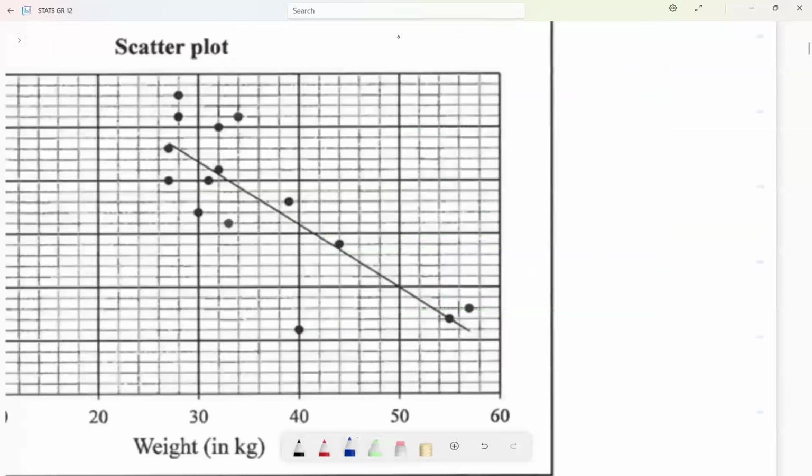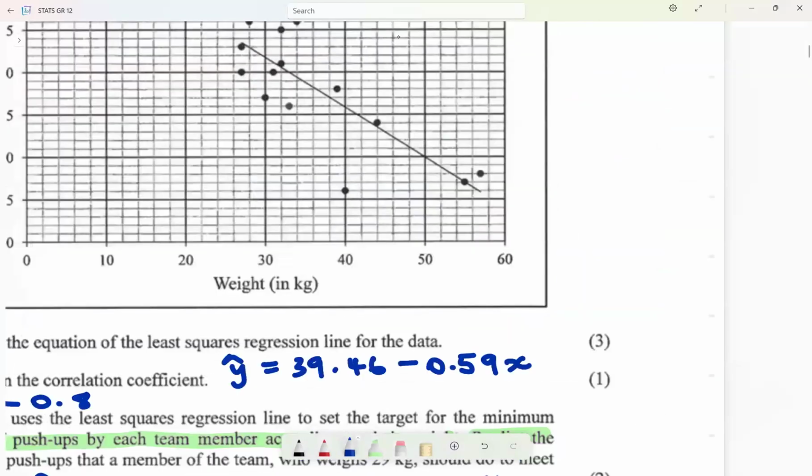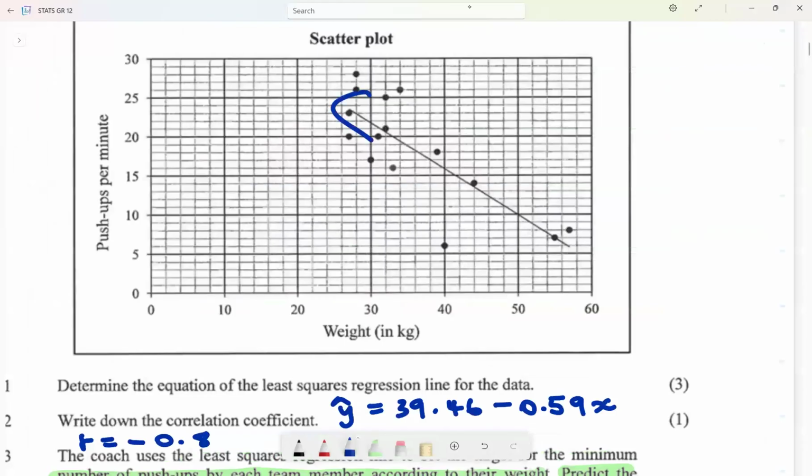Let me zoom out. When you have 30 kg, the coach uses this line to predict your push-ups. The coach says, when you have 30 kg, I'm expecting you to be doing something close to 22 push-ups. When you have 50 kg, I'm expecting you to be doing 10 push-ups.